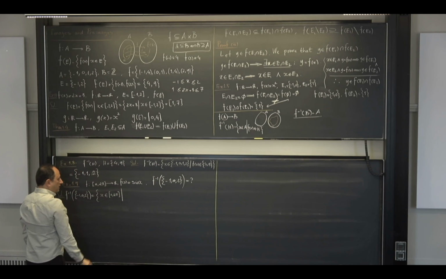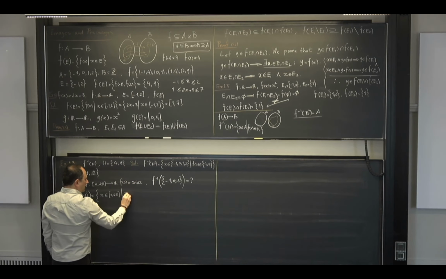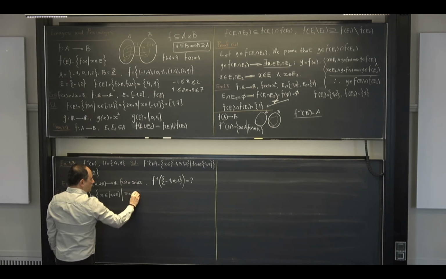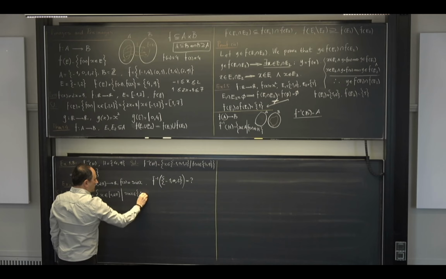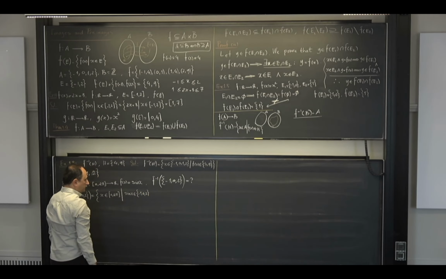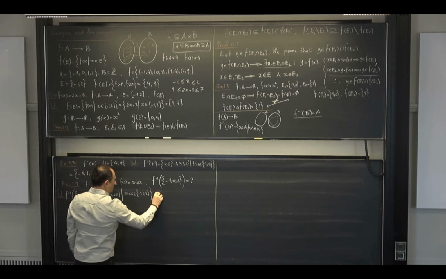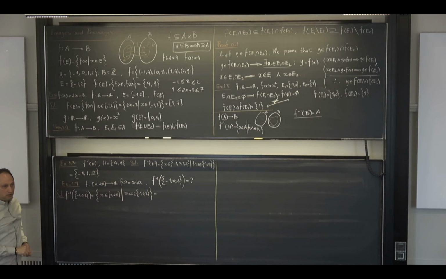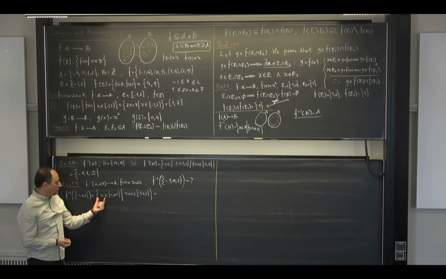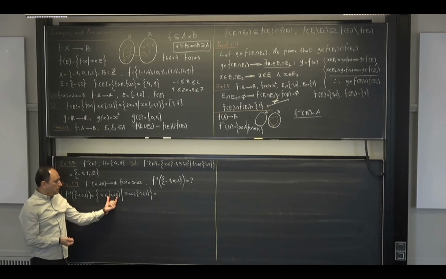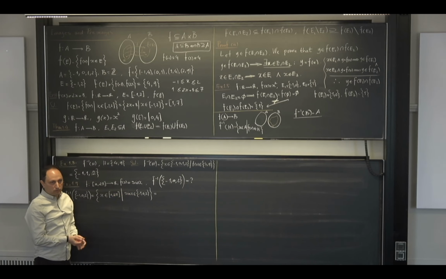Such that f of x, in this case sine x, belongs to -1, 0, and 2. Okay? So I am interested in those values here, so that when I calculate sine of those values, it turns out a number inside this set.